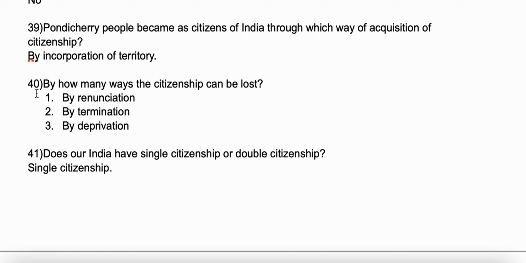After acquisition, definitely when India acquires other areas which were ruled by another country, then those people also will come to India. So definitely if India has acquired, then through acquisition of citizenship, those people also will get citizenship. Okay. So by incorporation of territories, citizenship will be given to Pondicherry people.